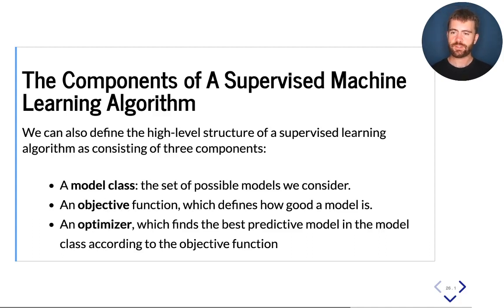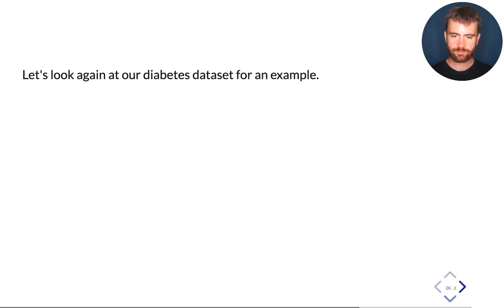And finally, given this objective function over the set of models, we need to find a model which maximizes, or which optimizes, this objective, which is a good model. An optimizer is a component that will search for the best predictive model in our class according to this objective function. So these are the three components of a supervised machine learning algorithm, and to make this a little bit more concrete, let's dive deeper into each one of these components.